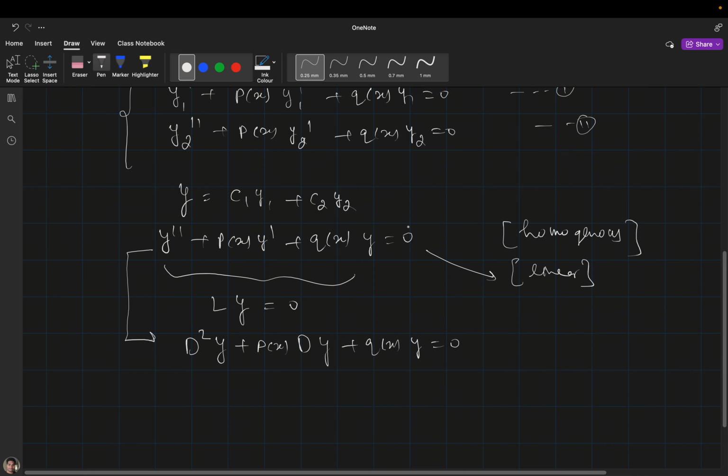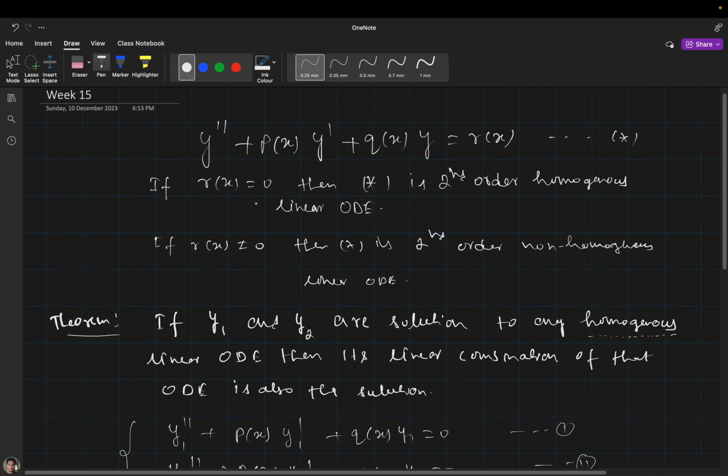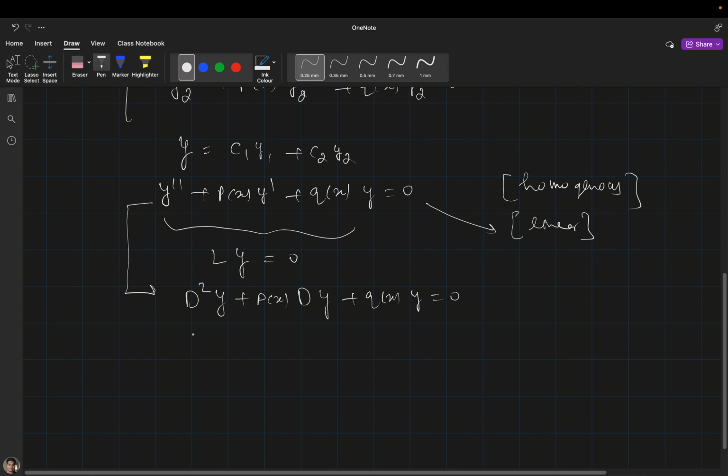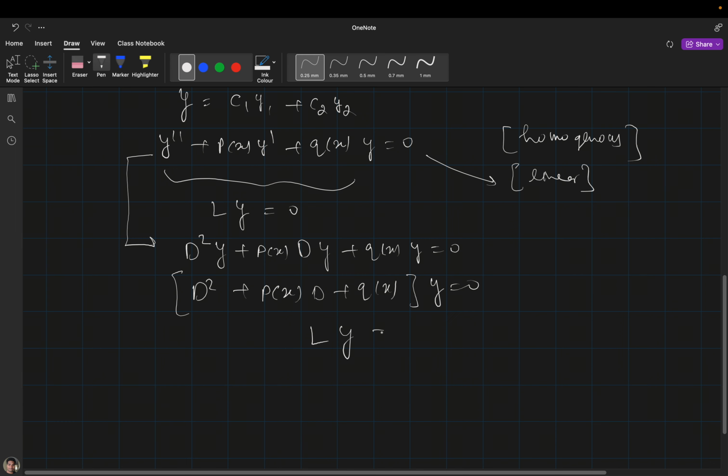Since the right hand side is 0, as I told you, if R of x equals 0, that differential equation is homogeneous. So that's why it is homogeneous. And it is linear because I can write it like this, so this is Ly equals 0. That's why it is linear.